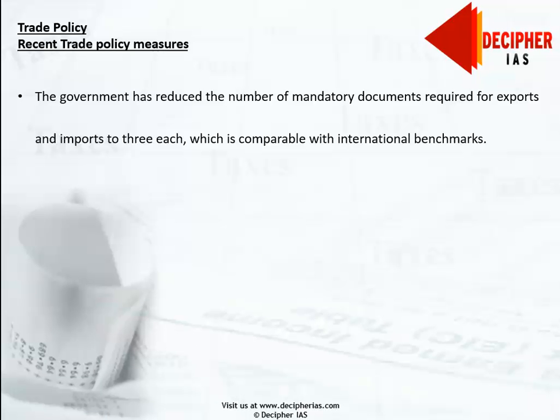The government has reduced the number of mandatory documents required for exports and imports to 3 each. You only need 3 documents if you want a license for export and import purposes, and this is within international benchmarks.